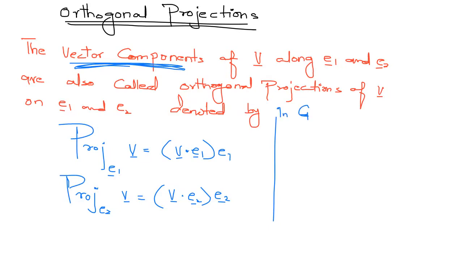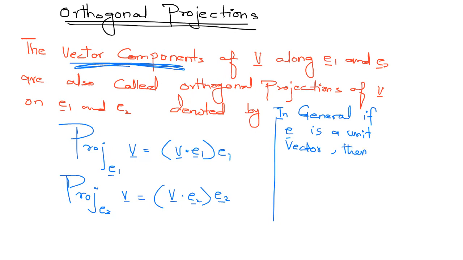Okay, so in general, if you have any E, which is a unit vector, then how can you define the projection?